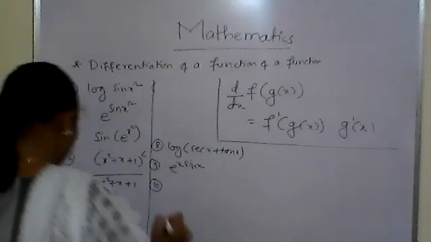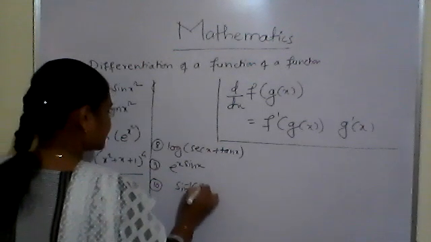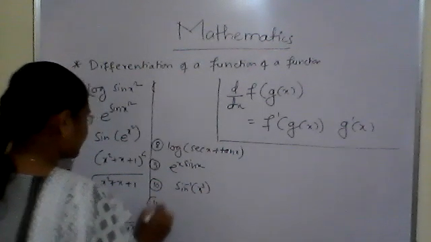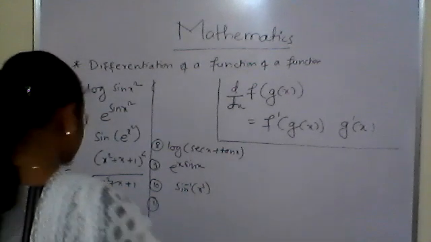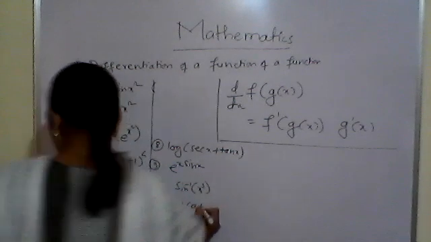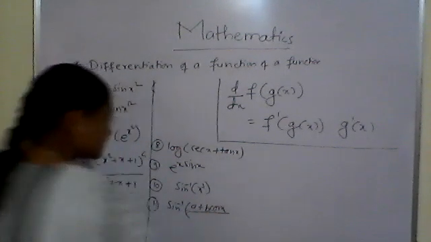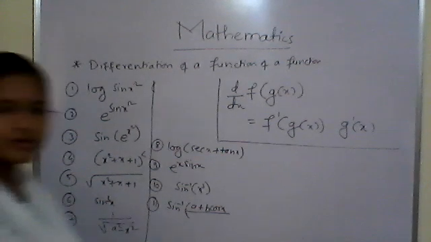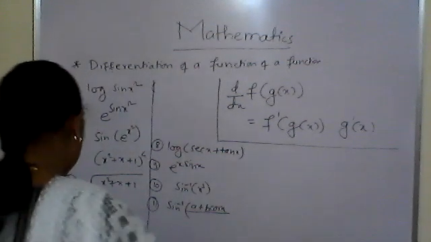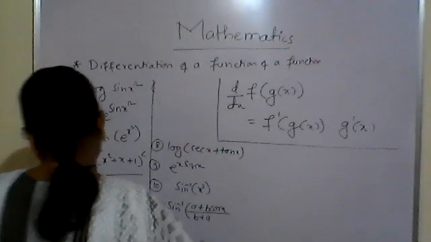10th one, sine inverse of x cube. 11th, sine inverse of (A plus B cos x) upon (B plus A cos x). You can write down all these questions, we'll solve one by one.